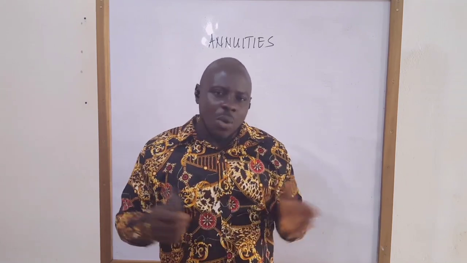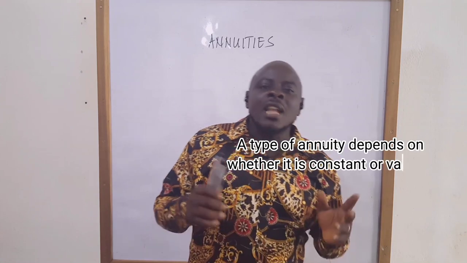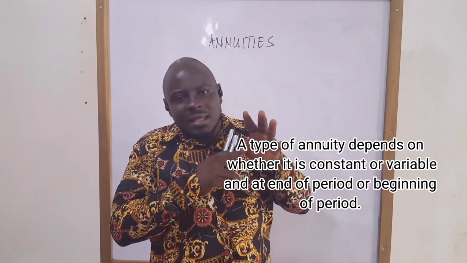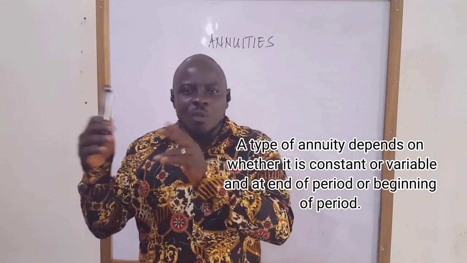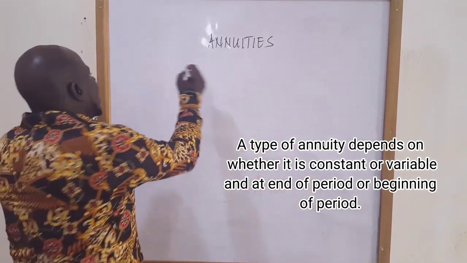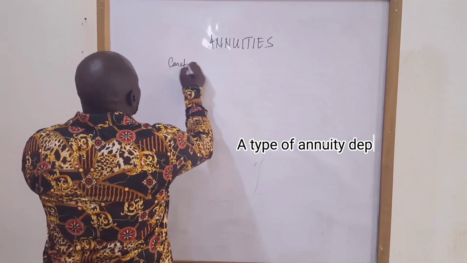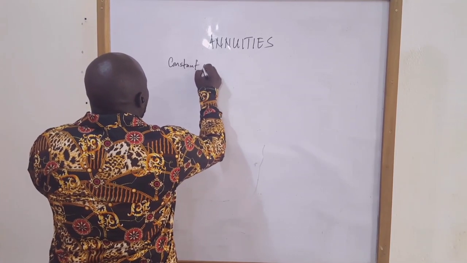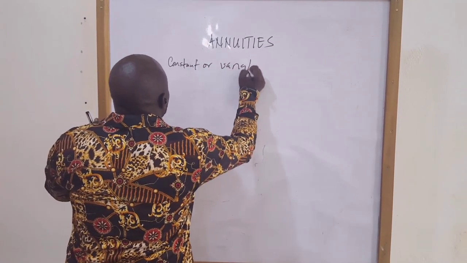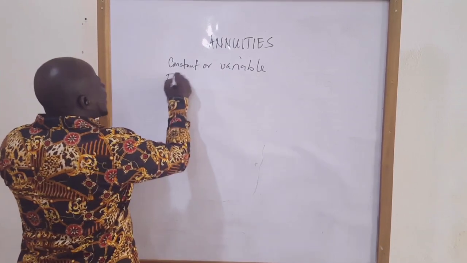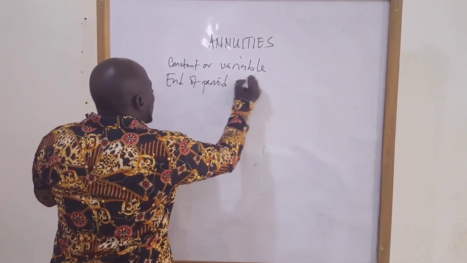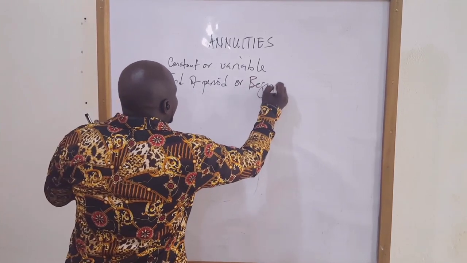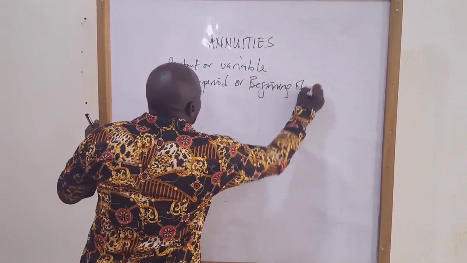The first thing: an annuity may be constant or variable, and at end of period or beginning of period.